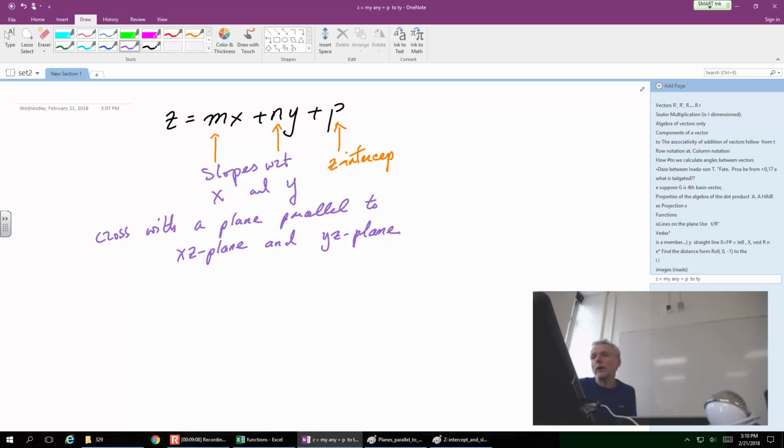Okay, so let's see. Well, there is a more general way of representing this. You can think of this equation as the point slope form.